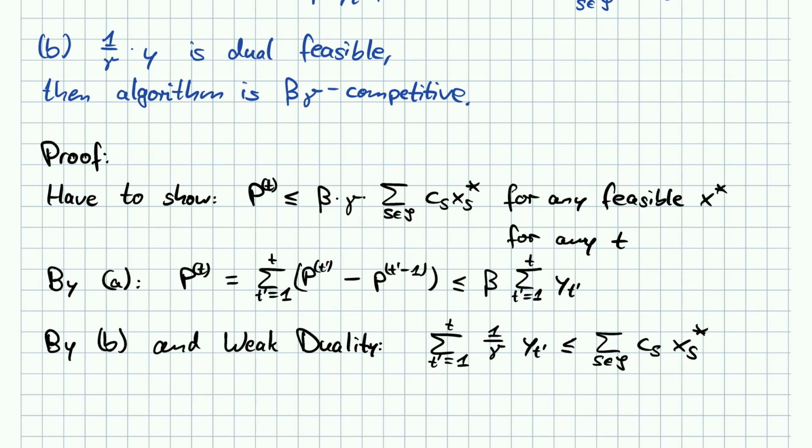And if we now combine this, then we indeed get that PT is no more than beta times gamma times the sum of cs times xs star.